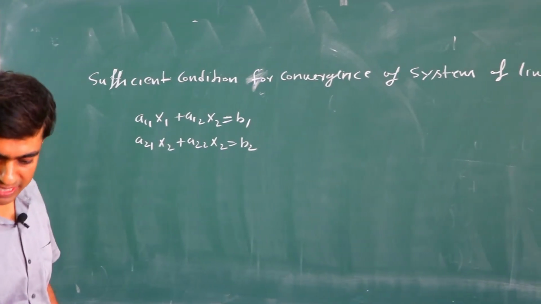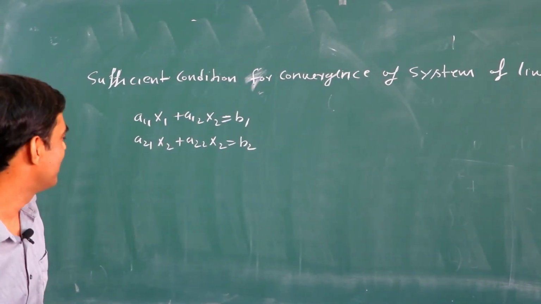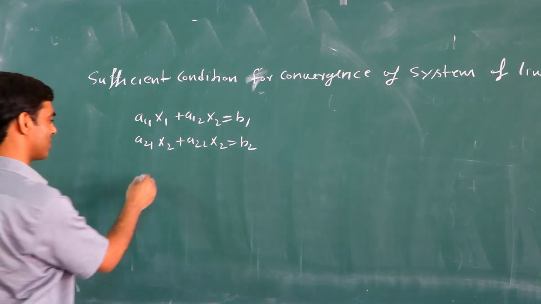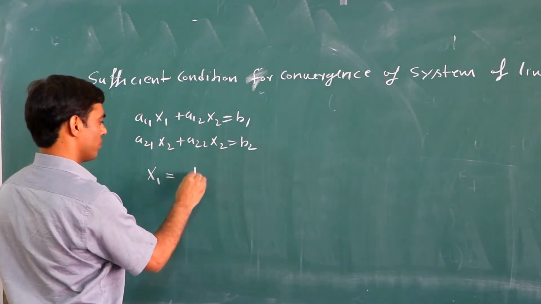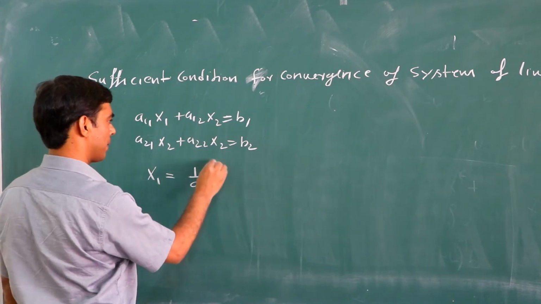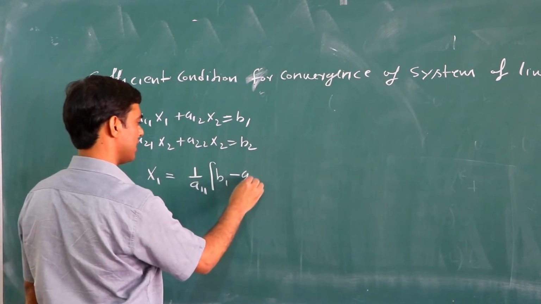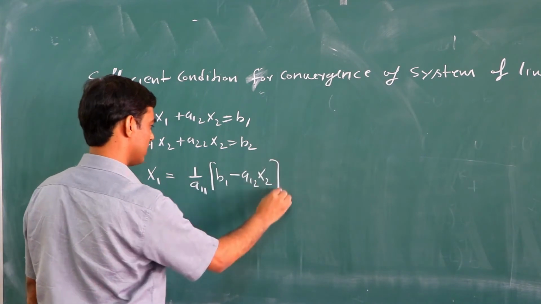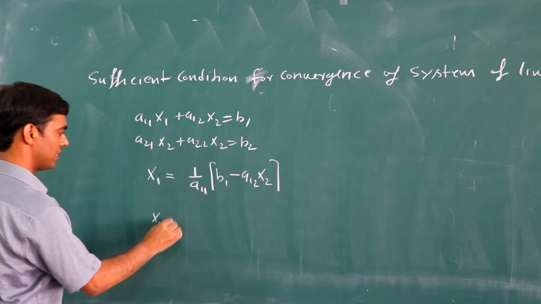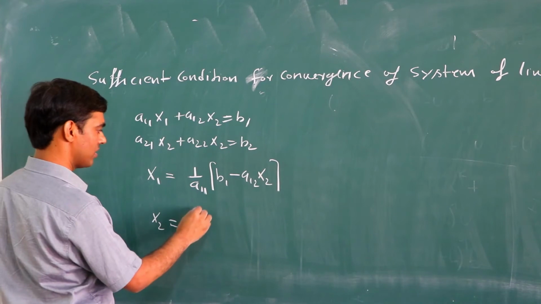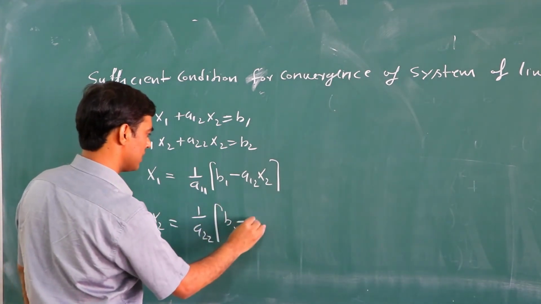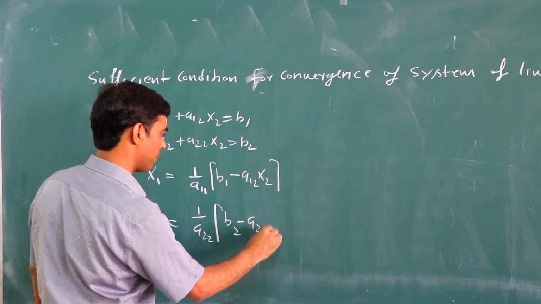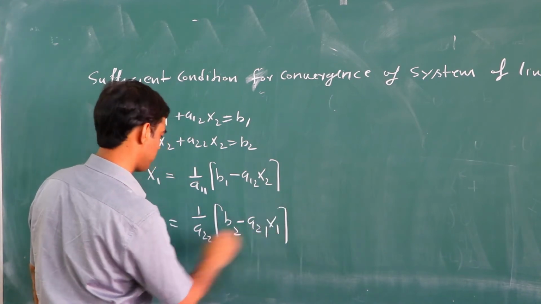As in any iterative scheme, we write this in the form x1 equal to 1 upon a11 times (v1 minus a12 x2). Similarly, x2 equal to 1 upon a22 times (v2 minus a21 x1).